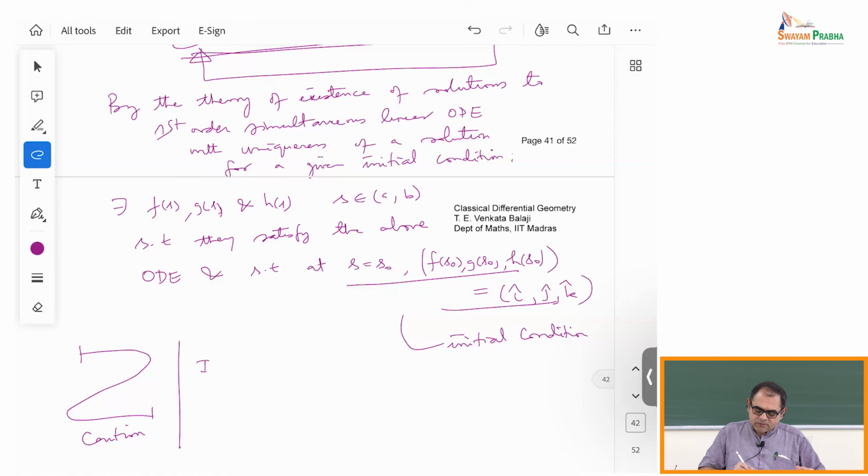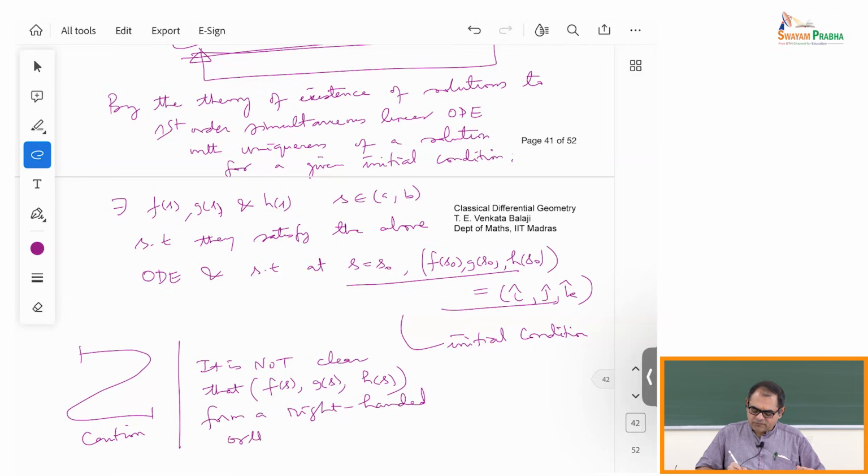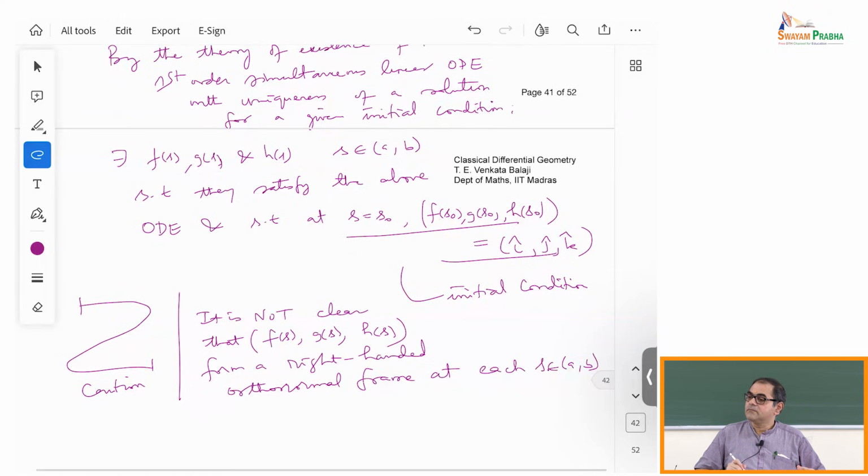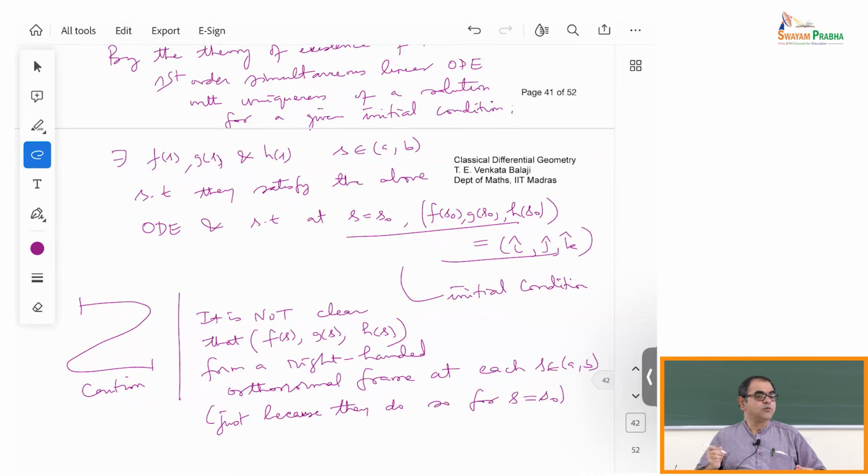It is not clear that F(s), G(s), H(s) form a right-handed orthonormal frame at each s belonging to (a, b), just because they do so for s equal to s naught. So this is the whole point.